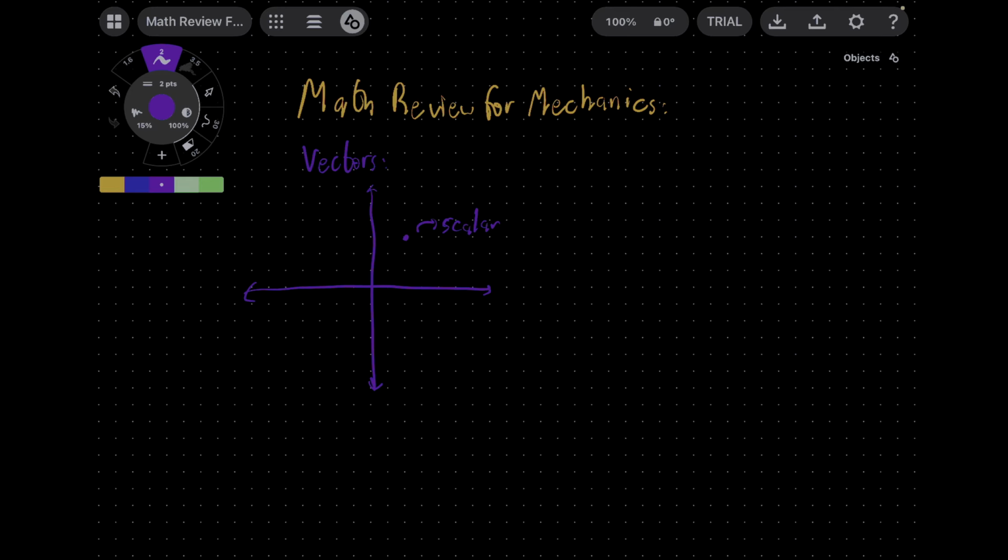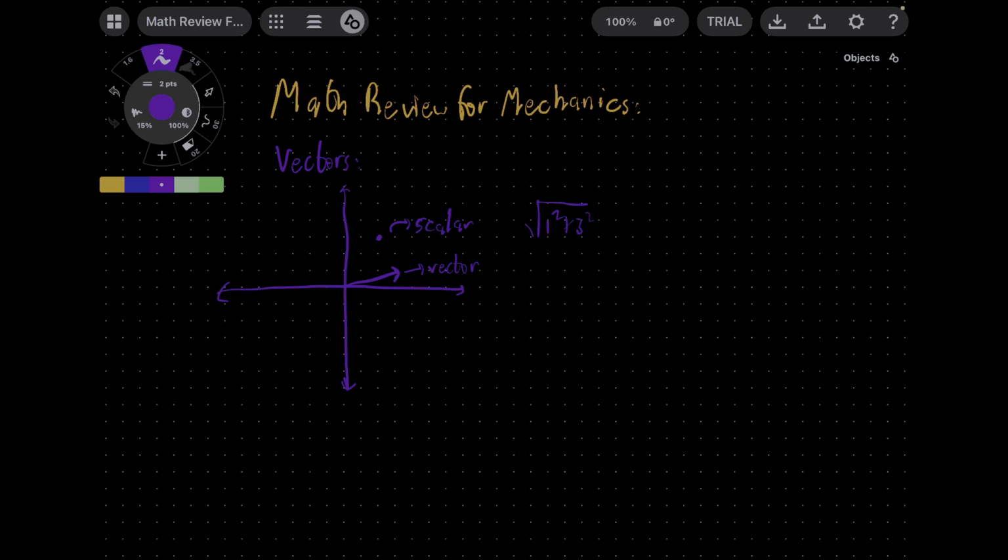On the other hand, if we have a vector like this, an arrow pointing here, this would be a vector since it has a magnitude, which is 1 unit up and 3 units to the right. So the square root of 1 squared plus 3 squared is equal to the square root of 10. We have that ready over here, but this is not the full story, because I said we also have the direction, which we will figure out, and I will show you how.